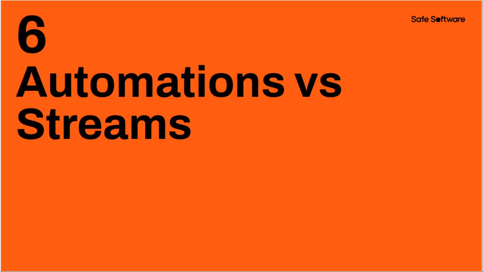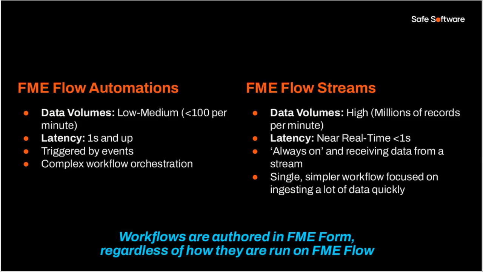Thanks, Don. So I'm just going to quickly differentiate automations versus streams. We're going to be focusing on automations today, but we do have this other capability on FME Flow for handling real-time data. The main differentiation between FME Flow automations and FME Flow streams is really around data volumes. FME Flow automations is very well suited to low to medium volume streams.